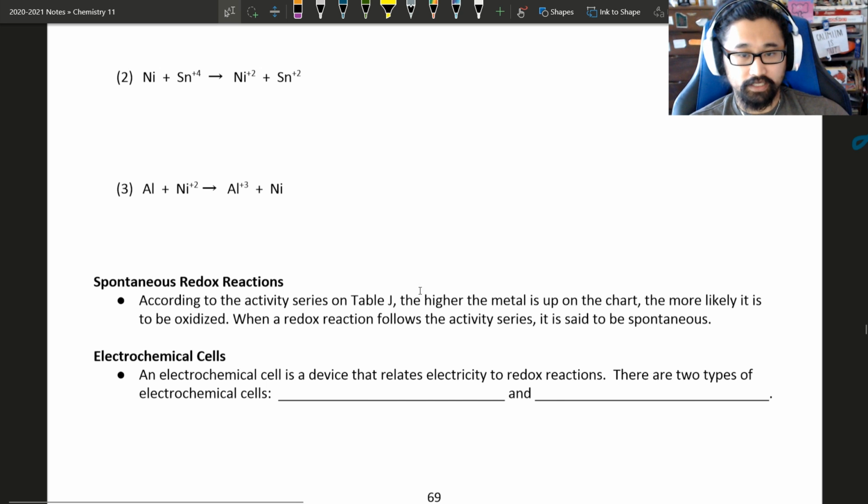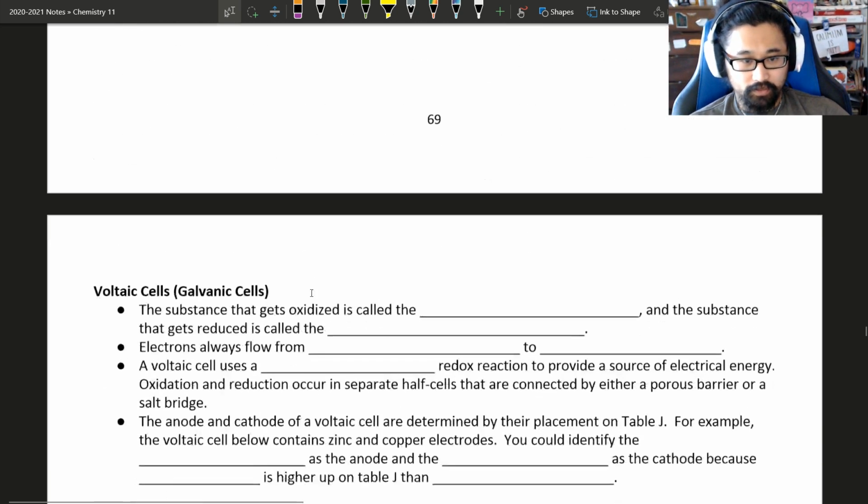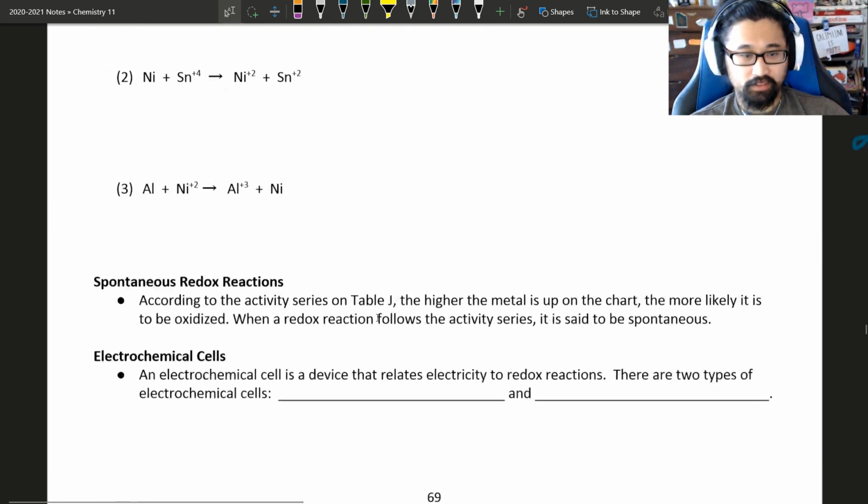Spontaneous redox reactions. I'll talk about table J when we talk about the chemical cells below. All right, electrochemical cells, which are pages 70 and 71, are devices that relate electricity and redox reactions.